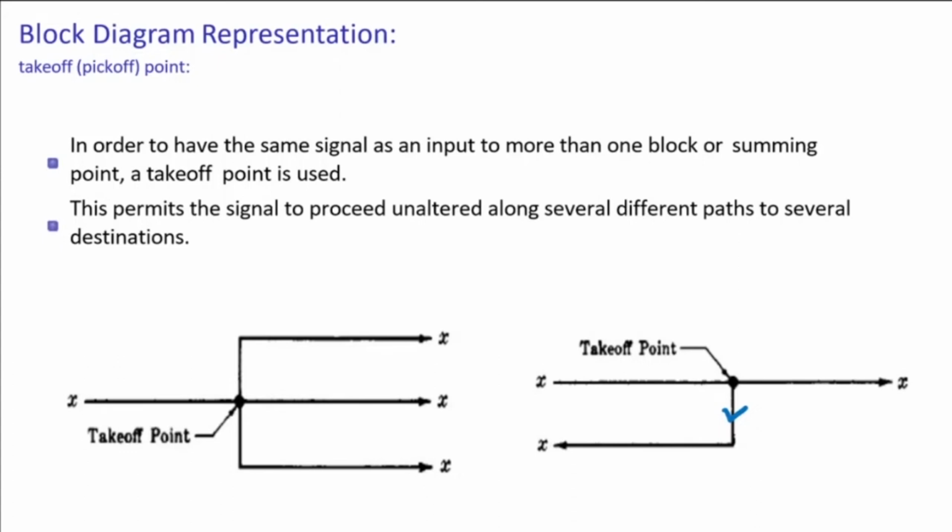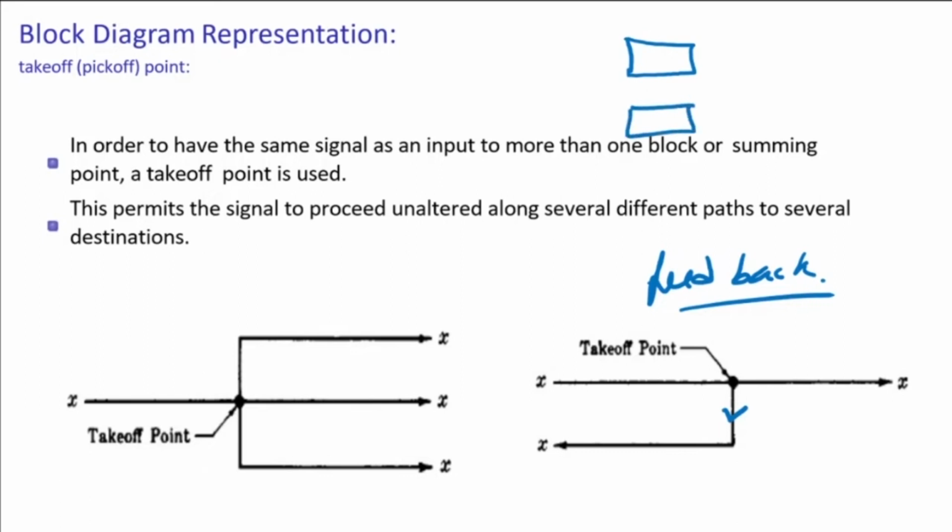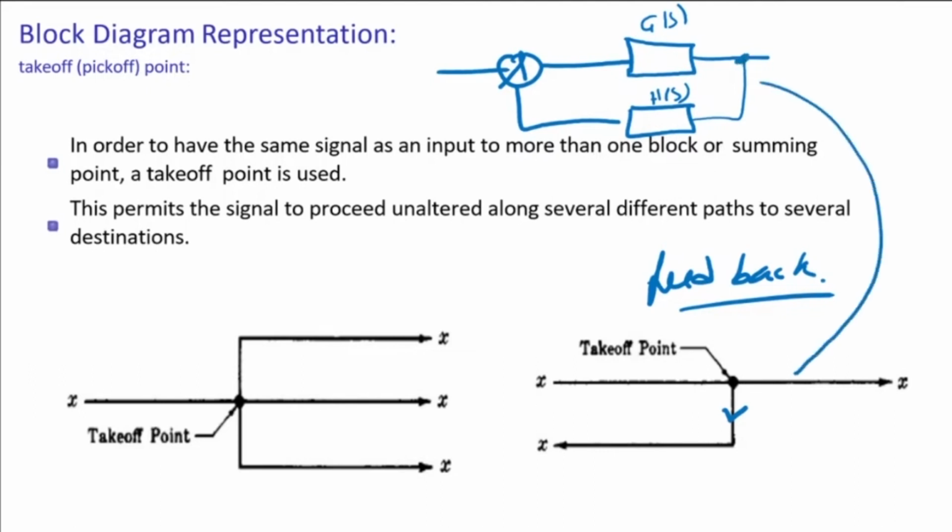So in the feedback control system which we are going to look at, these are the two blocks in the forward direction and the backward direction. This is my comparator block, and this is my feedback control system. This is my G(s) and this is my H(s). So the summing block here would consist of this one.